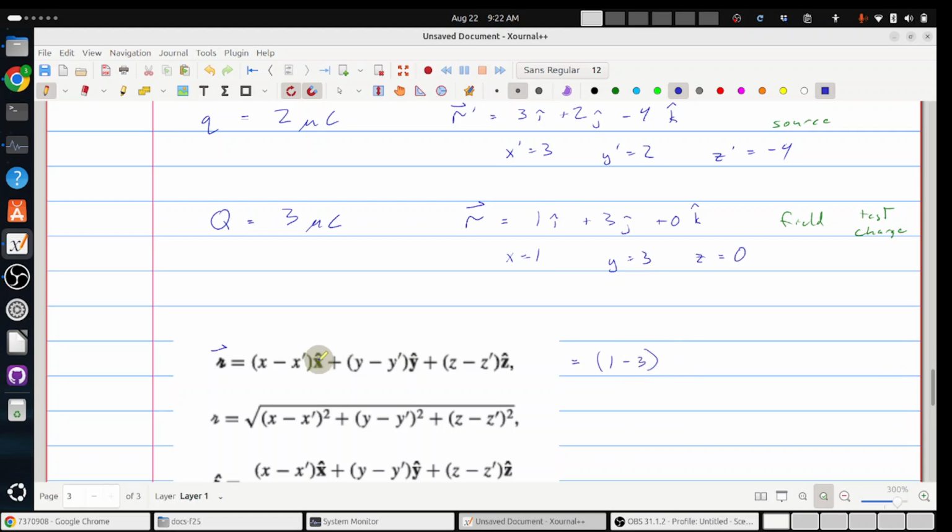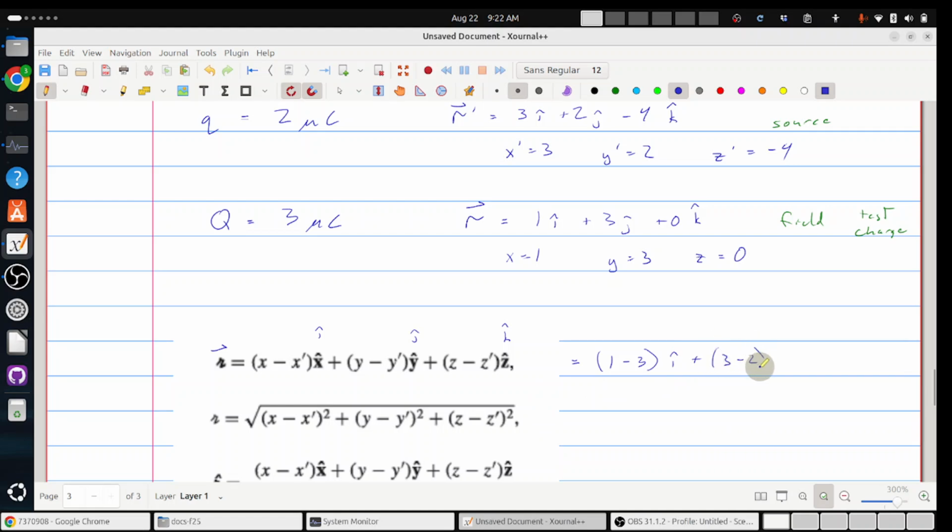Also notice that they use x hat, y hat, and z hat. I'm so used to doing i, j, and k hat. Those are the same thing. They mean the same thing. A unit vector in the x direction, a unit vector in the y direction, a unit vector in the z direction. So I'll just do that with my i hat, otherwise I confuse myself.